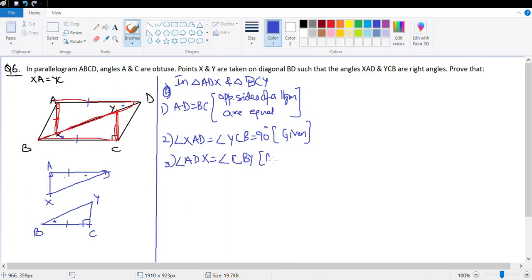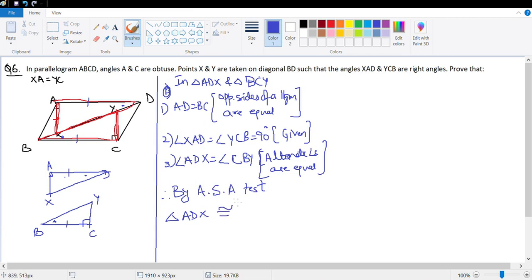These are alternate angles, equal. Done. Therefore, by the angle side angle test, triangle ADX is congruent to triangle BCY. A is 90, C is 90. So this is C, D is equal to B and Y.